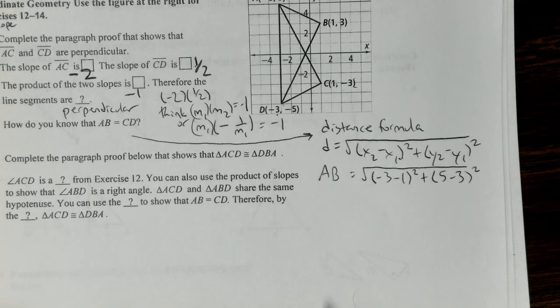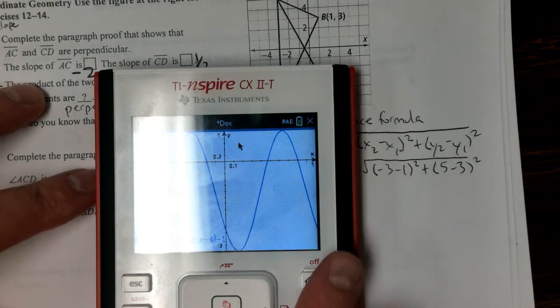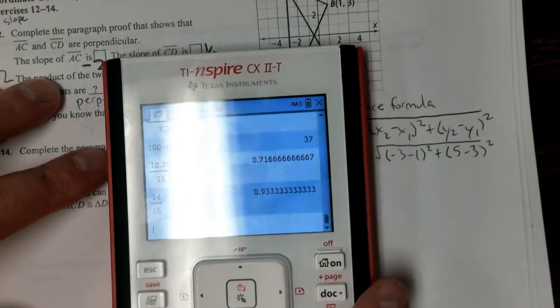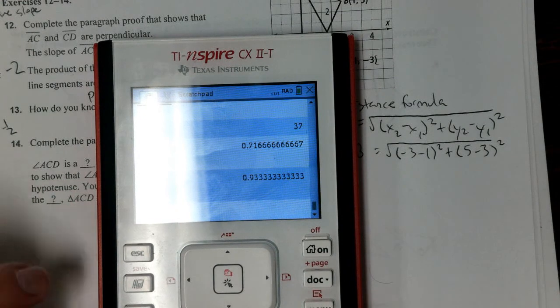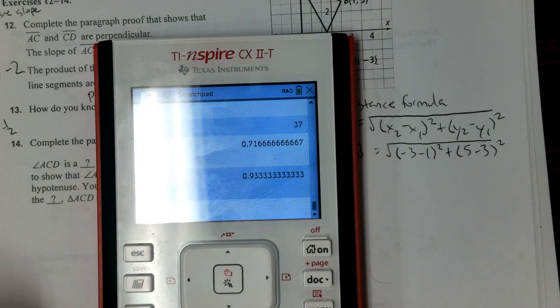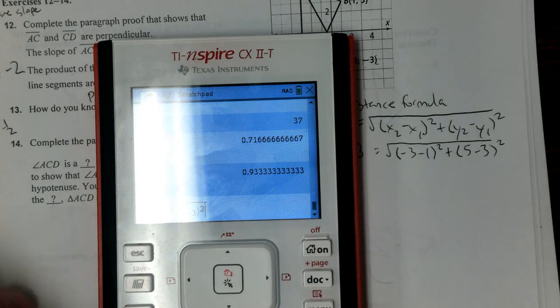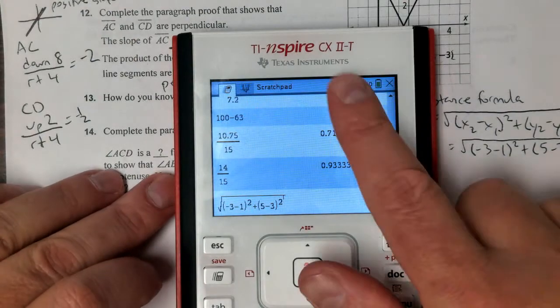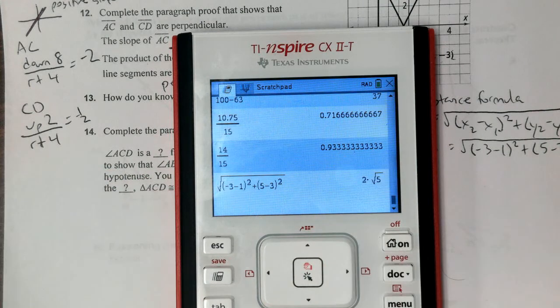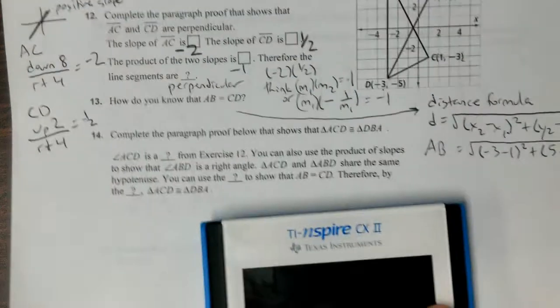So remember, if you're typing this on your calculator, you'd get square root parentheses -3 minus 1 squared plus 5 minus 3 squared. Because this is a teacher calculator, it has a T on it, it already simplifies the square root. So that's kind of like a benefit of a teacher calculator.